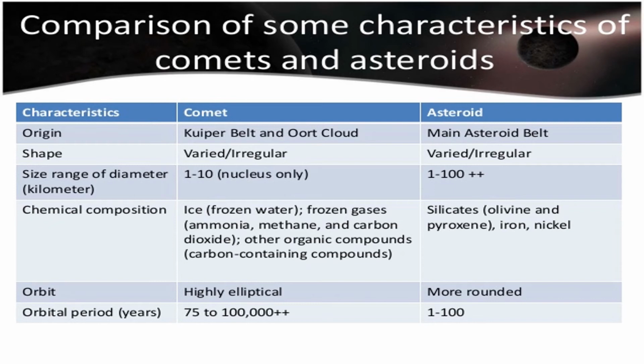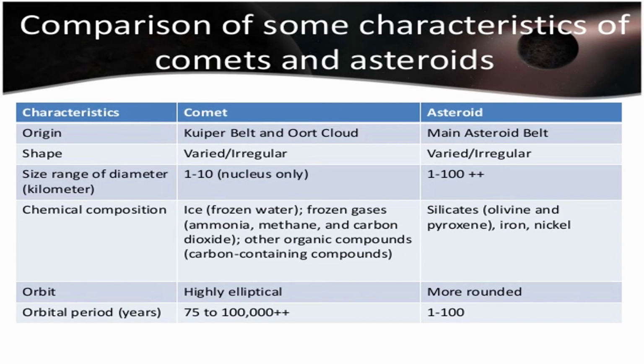These are the characteristics of a comet. The asteroids, on the other hand, are silicate, iron, and nickel. So they are different in chemical composition. Then how about where they orbit? The comet's orbit is highly elliptical, while the asteroid's is more rounded.